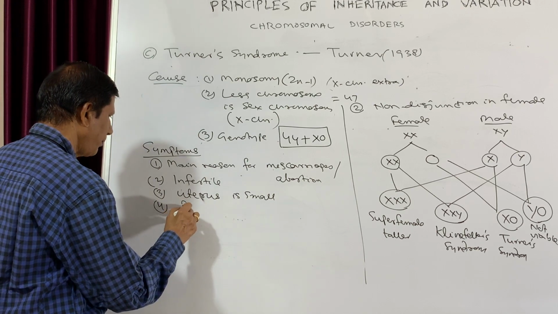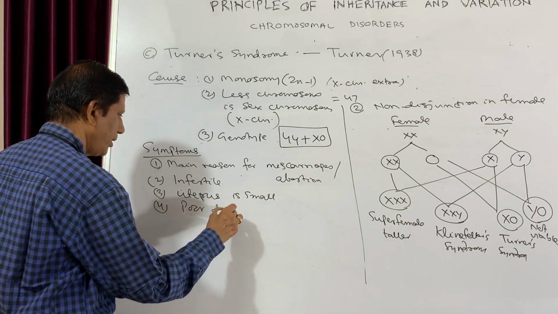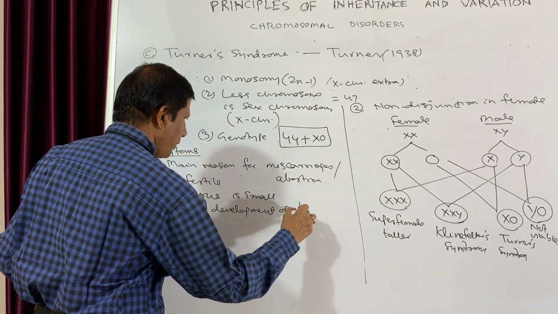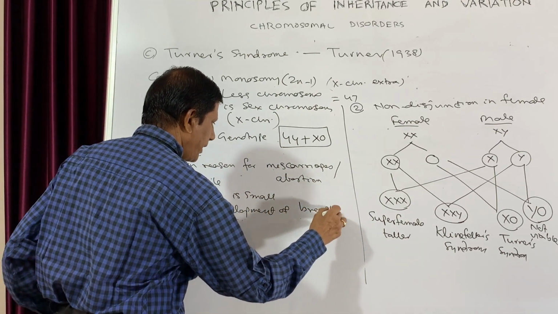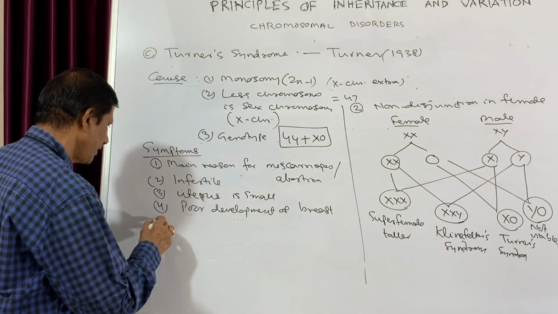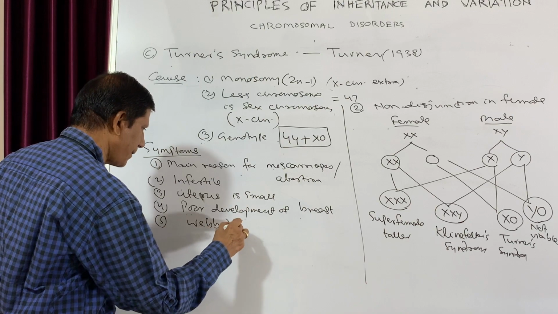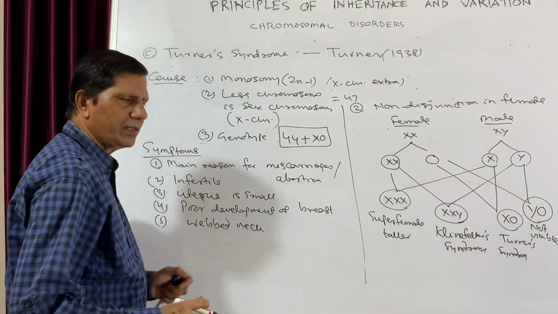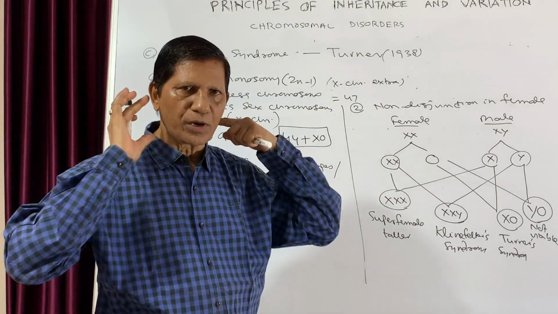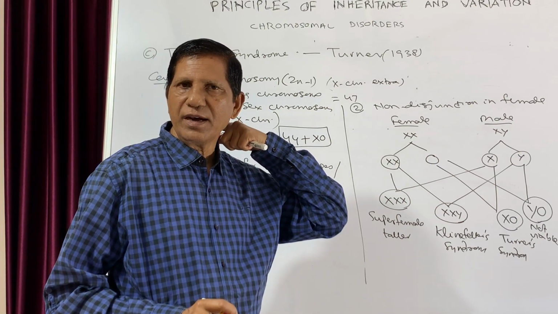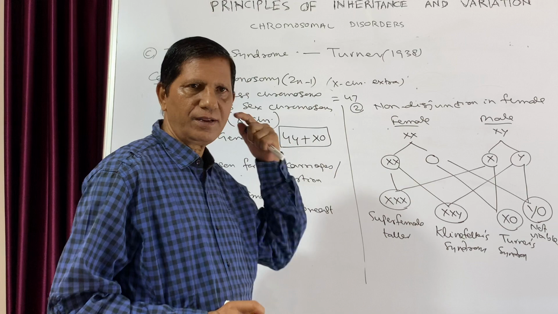Then poor development of breast, and another important point is webbed neck. Webbed, that means the neck size will be broader, and also you will find in the back side there is very thin hairline.